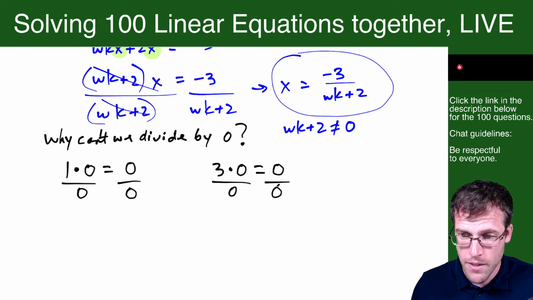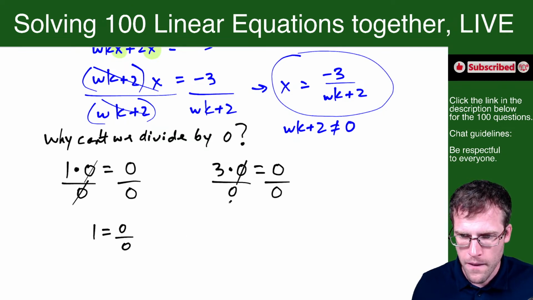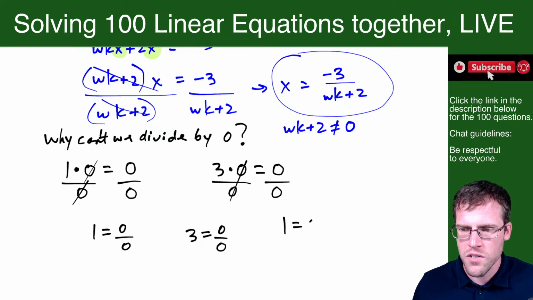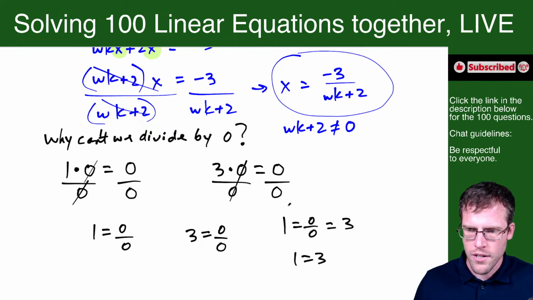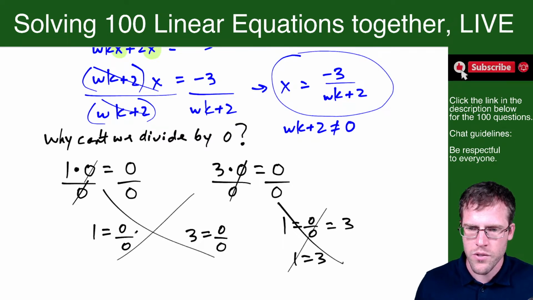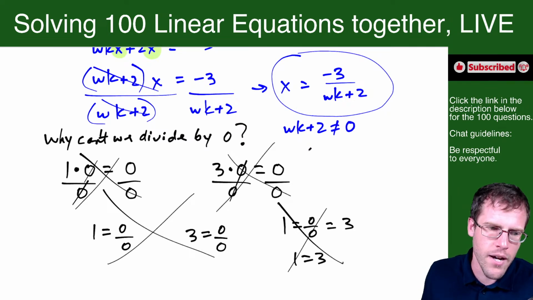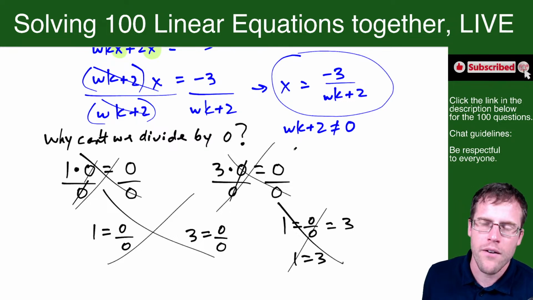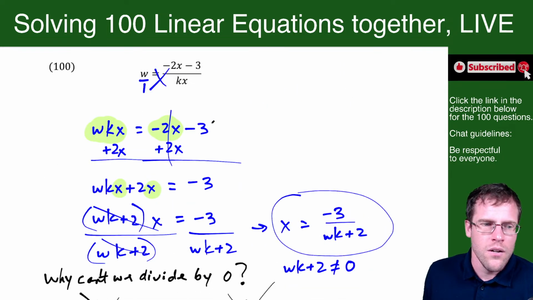Then 1 is equal to 0 over 0, and 3 is equal to 0 over 0. So 1 equals 0 over 0, and that's equal to 3. The transitive property would tell us that 1 equals 3, and no, that's not allowed. Sometimes in algebra they glaze over that, but I think it's important to think about. Dividing by 0 is just not cool.